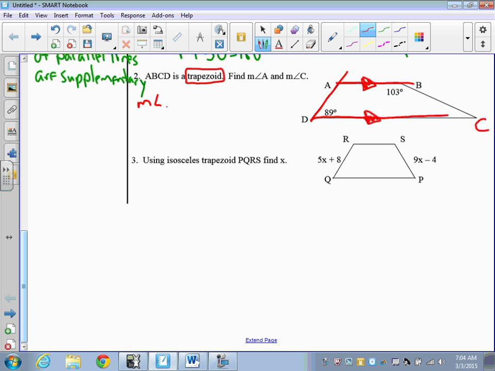So the measure of angle A plus the measure of angle D is equal to 180. So the measure of angle A plus 89 is equal to 180. Subtract 89. I get the measure of angle A is equal to 91 degrees.